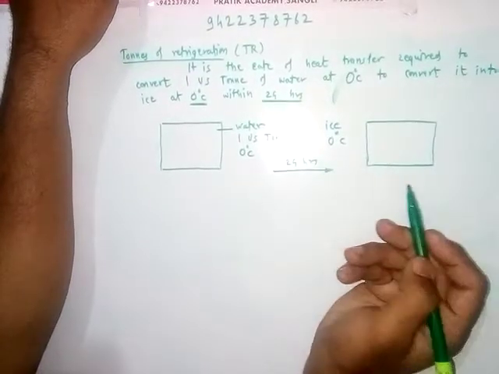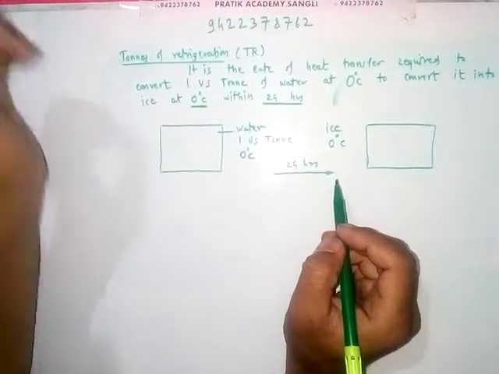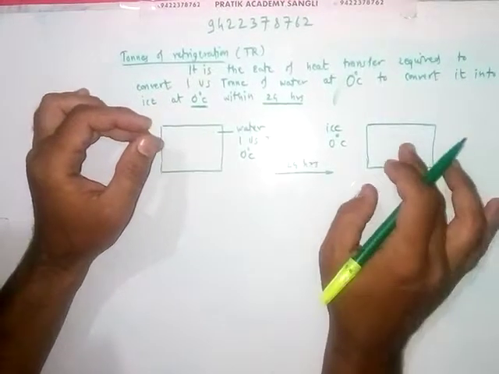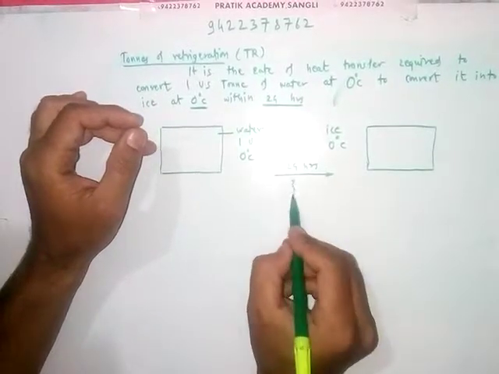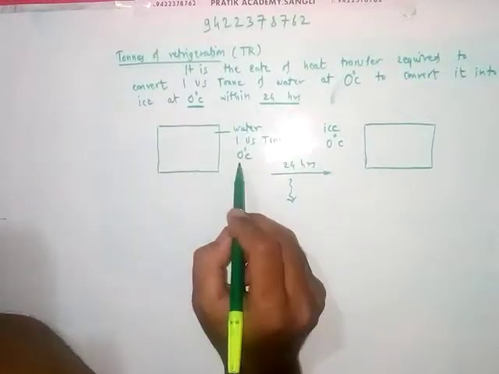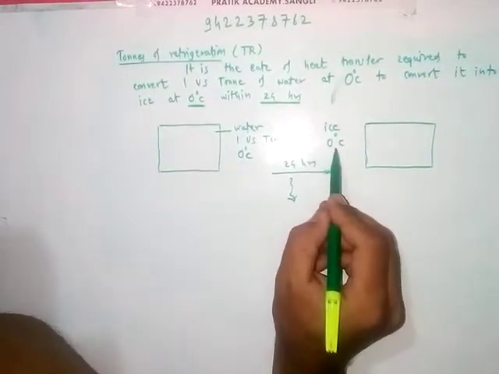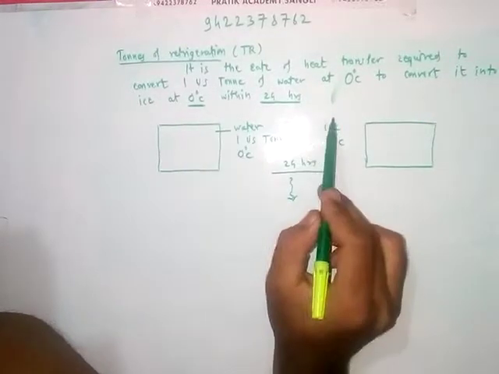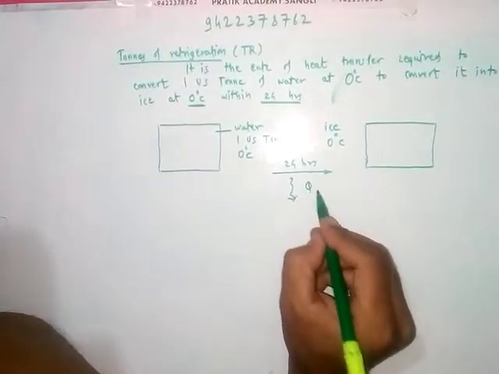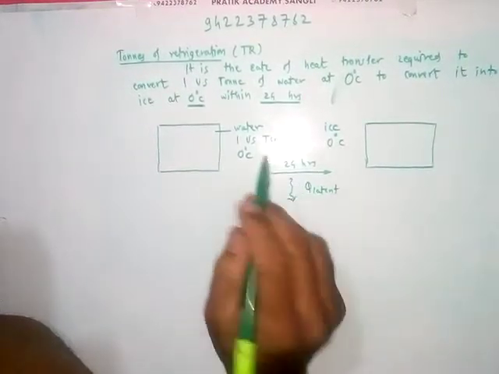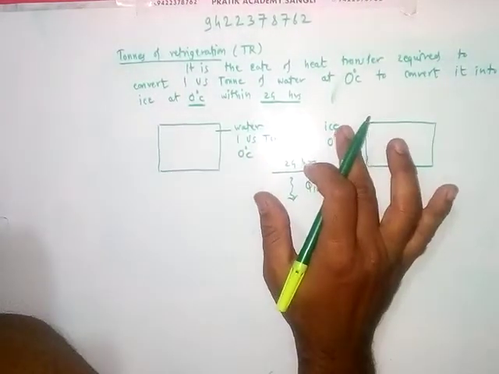Now we know that to convert water into ice, we have to remove heat from water. As the temperature remains the same and we are changing only phase from water to ice, we have to remove some latent heat from water so that it is converted into ice.